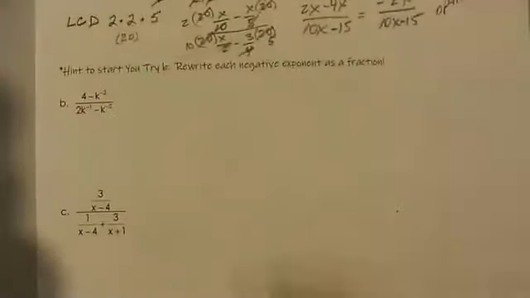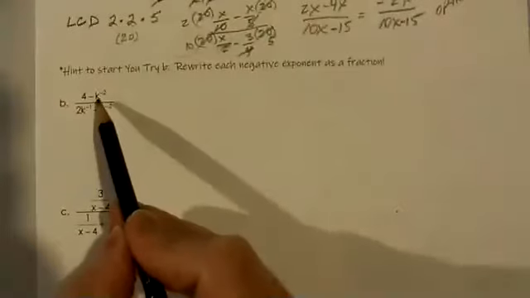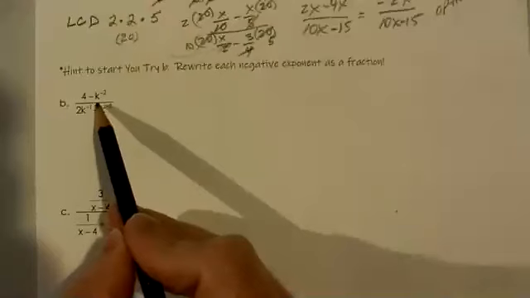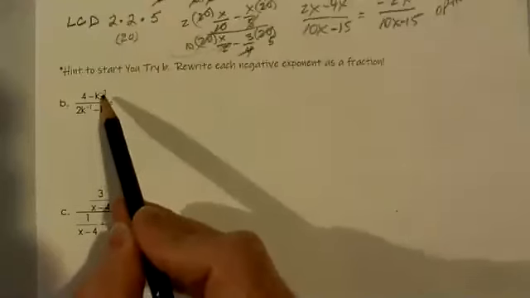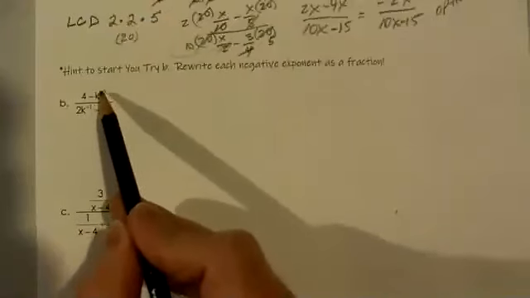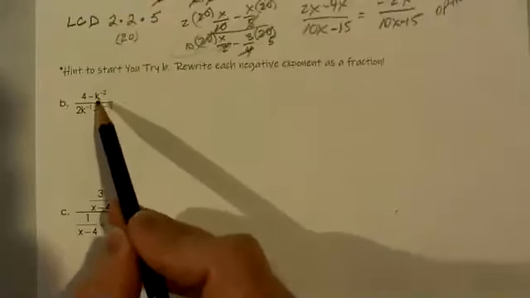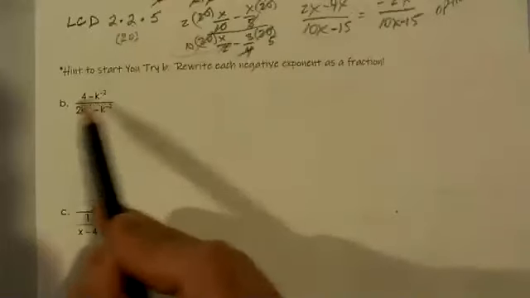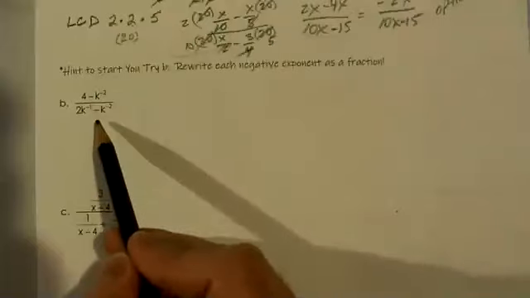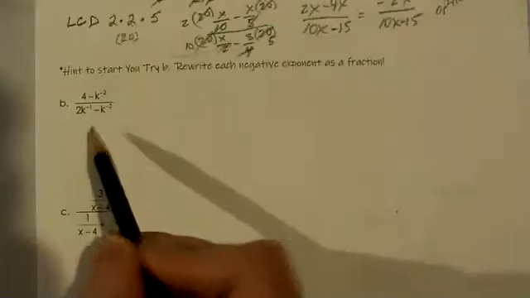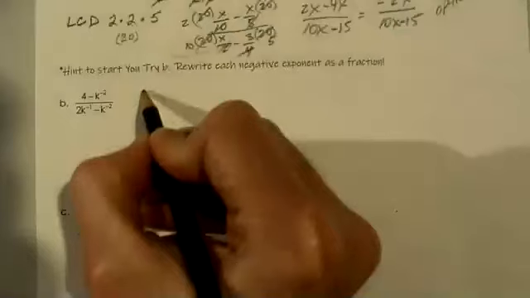Now here we have exponents that are negative. And if you have a negative exponent, that means that term wants to be in its own denominator. Because it's separated from the 4 with subtraction, we don't bring it to the bottom of the entire denominator. We just give it its own.